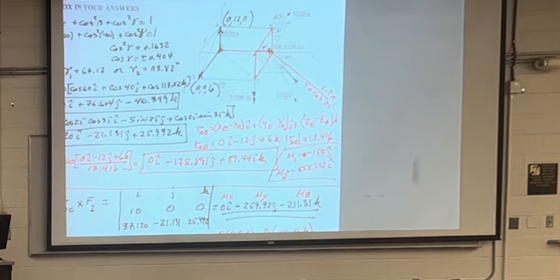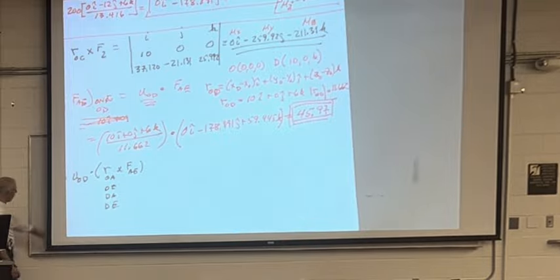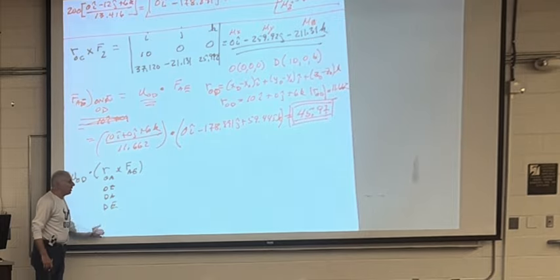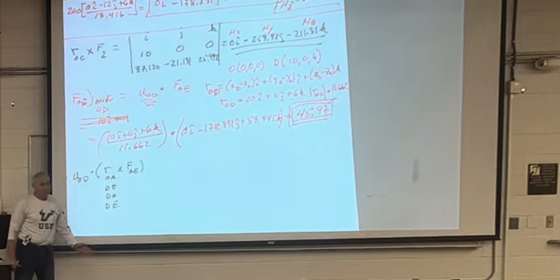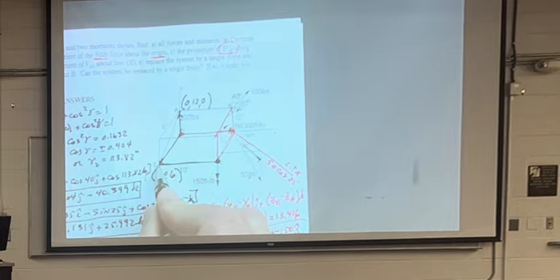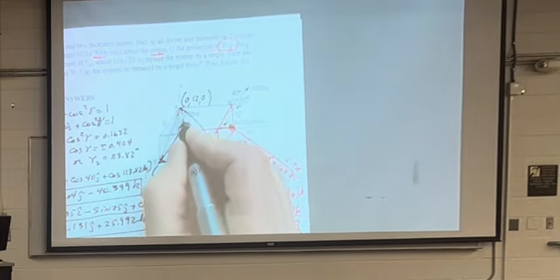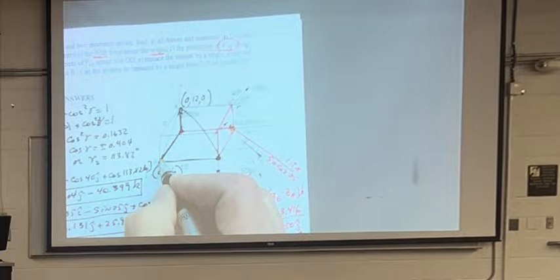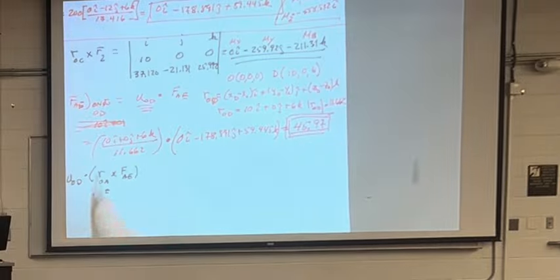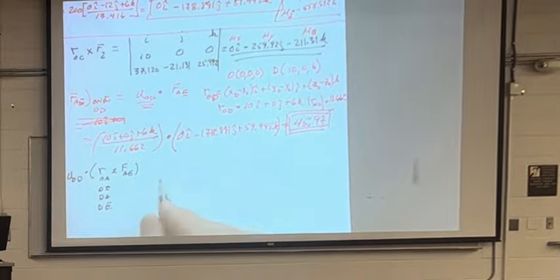Any of those will work. D is on the line, so they're going from D to E, to A, and OA, and OE. Any of these will work. Your choice. I happen to use OA.